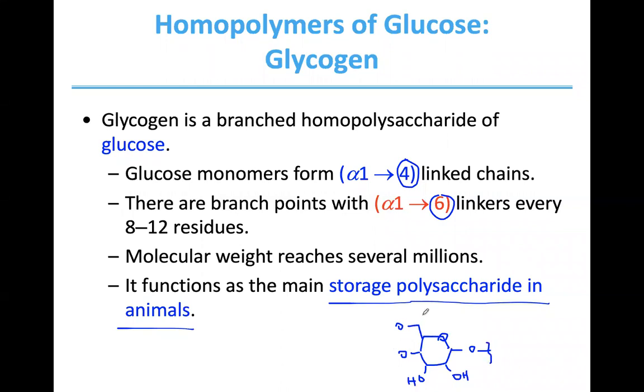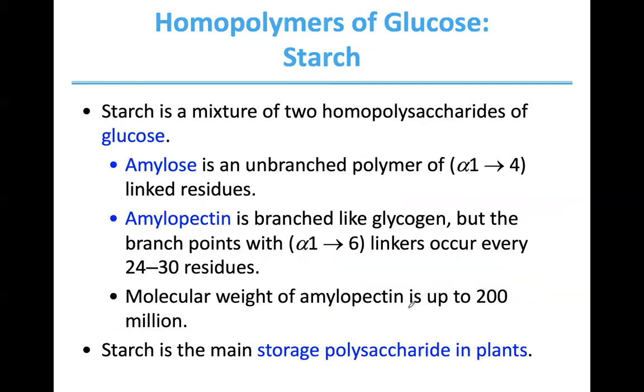So this is position 6. This is position 4. And so you have one branch here and another branch here, right? So now molecular weight reaches several millions, and it functions as the main storage polysaccharide in animals.